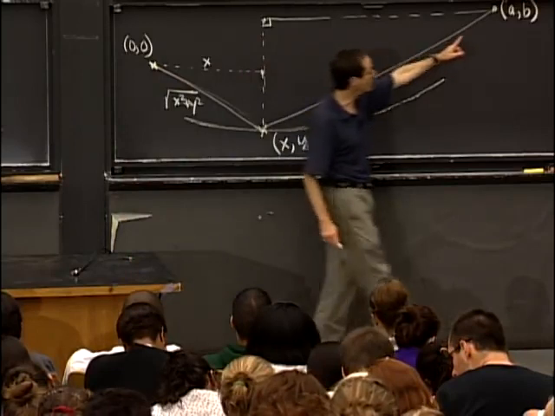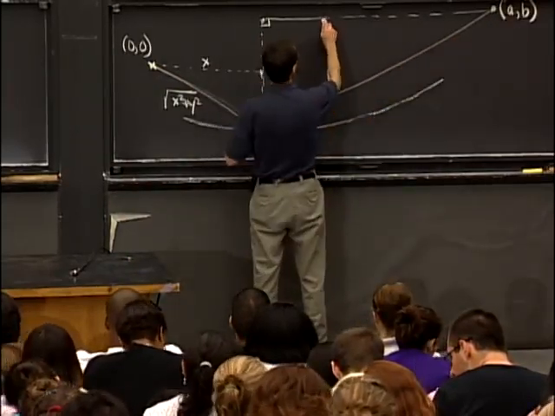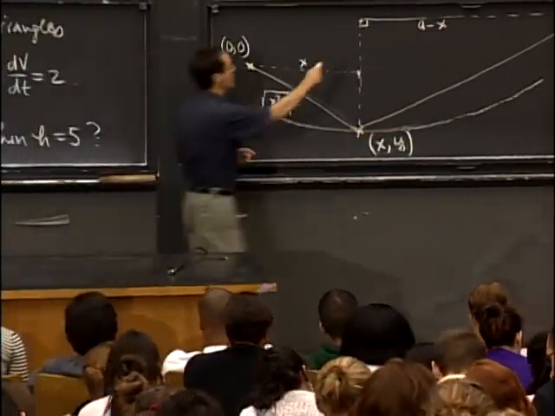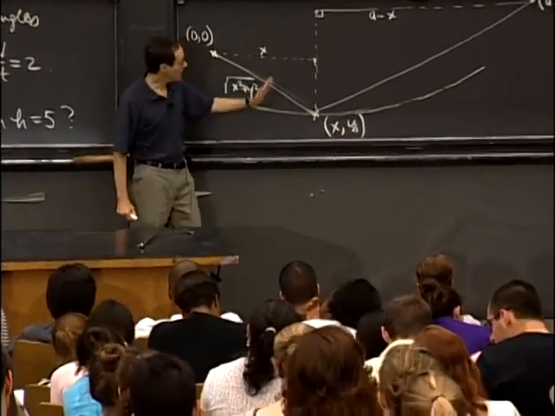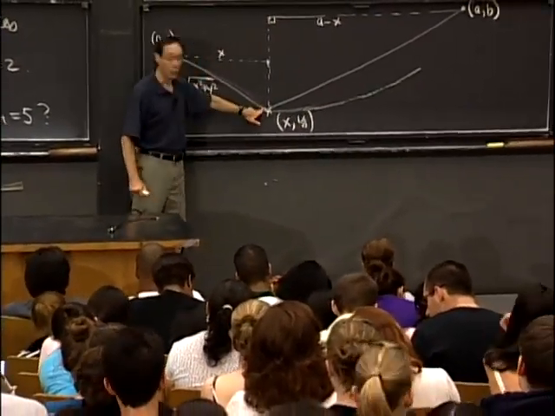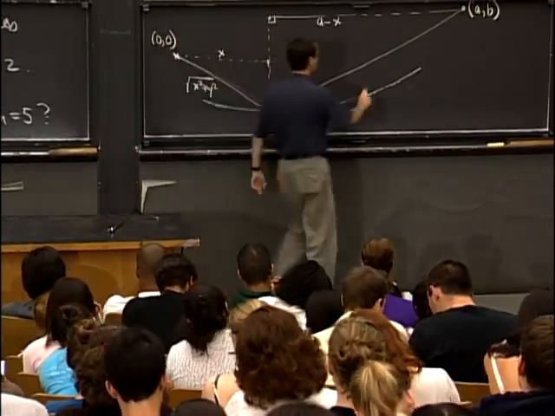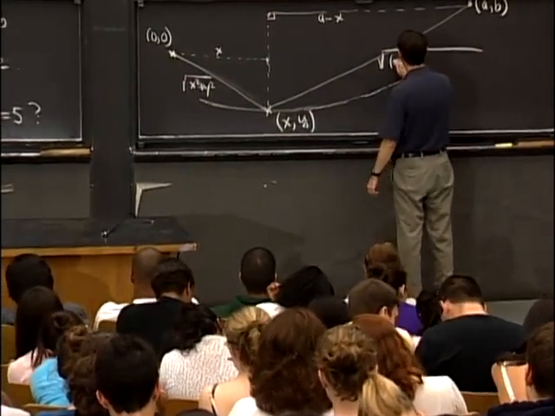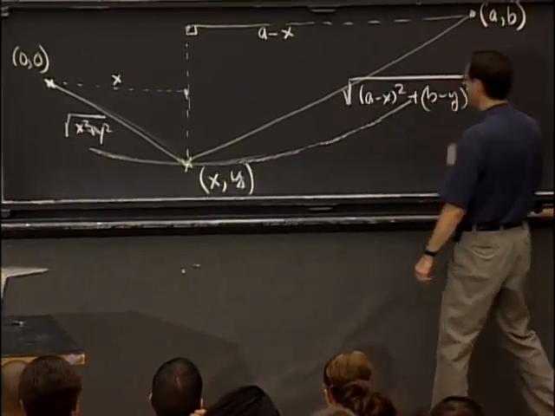All right, the rightmost point is a in the x coordinate, so the whole distance is a minus x. All right, so that's this leg of this right triangle. And similarly, the vertical distance will be b minus y. And so the formula here, which is a little complicated for this length, is the square root of (a minus x) squared plus (b minus y) squared.